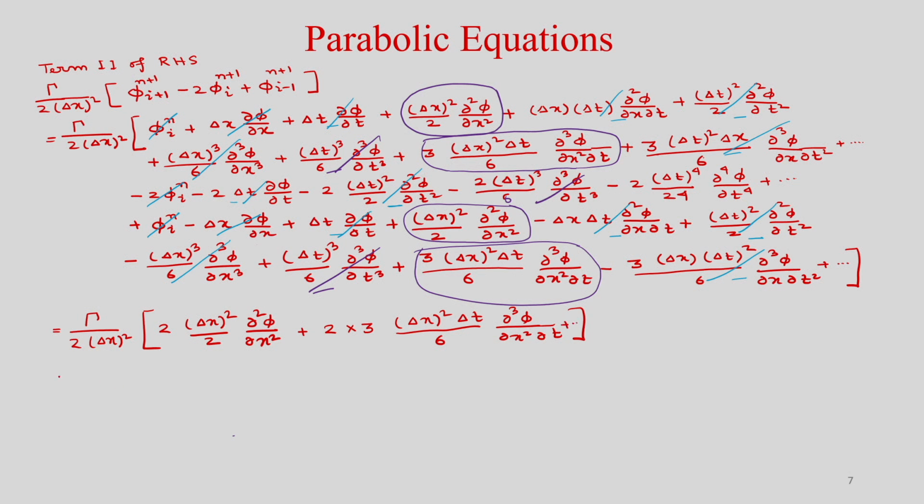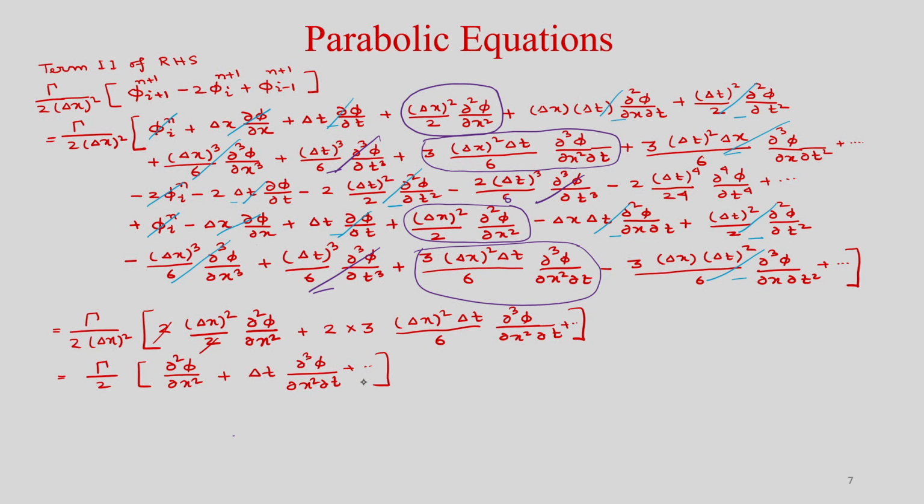So you will get gamma by 2; the 2 will get cancelled out and ∂x², so it is ∂²φ/∂x². This 3 will get cancelled out, so you will get ∂t only and ∂³φ/∂x²∂t.